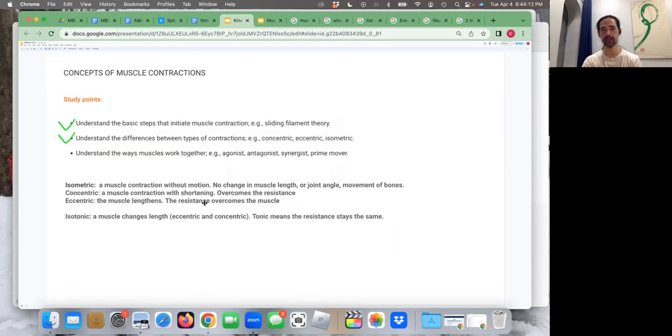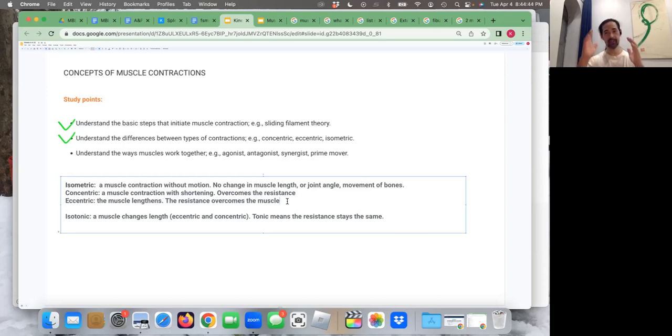Is everybody clear on isometric, concentric, eccentric, and isotonic? Does anybody want to go over that again? Okay, great. Take a look at these on a regular basis, especially the second part of it, where it talks about resistance. You need to understand that going back down in a squat or a push-up is resistance overcoming the muscle.